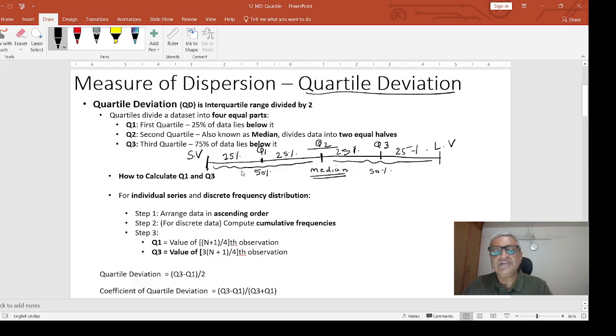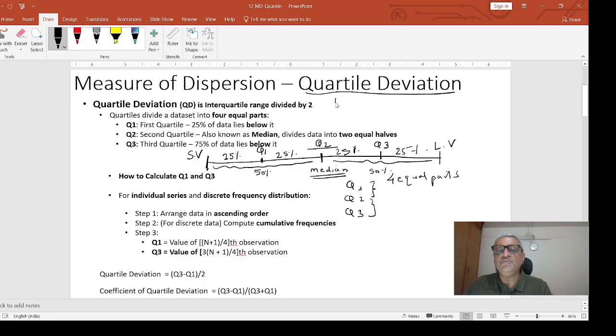That's how Q1, Q2 and Q3 are three values which divide the entire series of data into four equal parts.